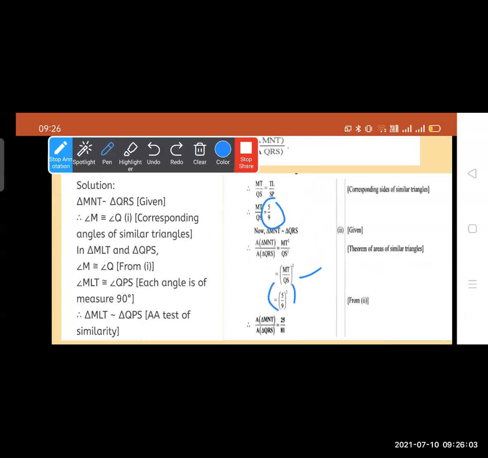Then square it. The square of 5 is 25 and the square of 9 is 81. In this way, we find the ratio of the areas of the triangles.